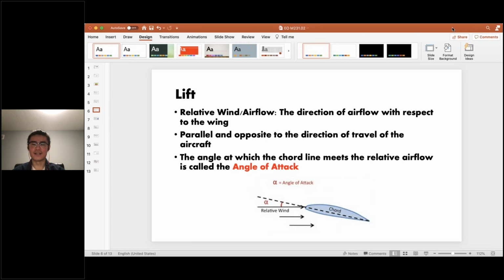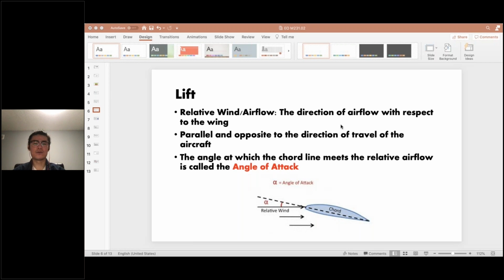So when it comes to lift, there's this thing called relative wind. That's the relative direction of airflow with respect to the wing. So the wind is always traveling parallel and opposite to the direction of travel of the aircraft, right? If you're going forward, the wind is going to go to your back, basically.